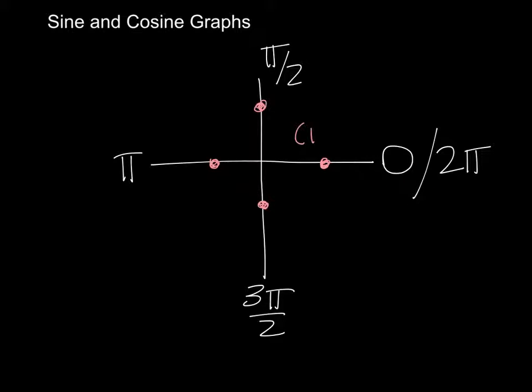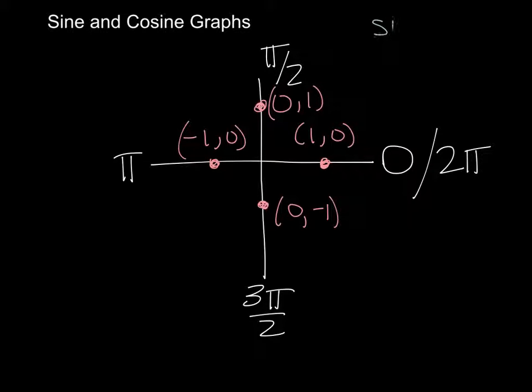So we were at the point (1, 0), or (0, 1), or (-1, 0), or (0, -1). And then we learned to use y over r for sine, and x over r for cosine. Well, if we place these points one space away from 0, then the radius of that circle was always 1.